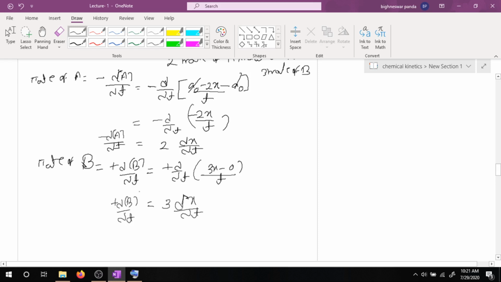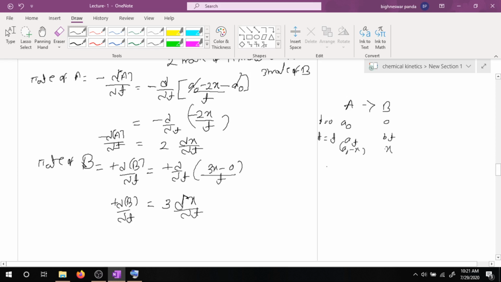When A gives rise to B, when t is equal to 0, A has concentration A naught and B is 0. When t is equal to t, A is A naught minus x and B is x.